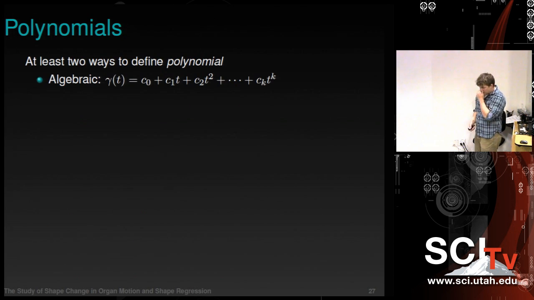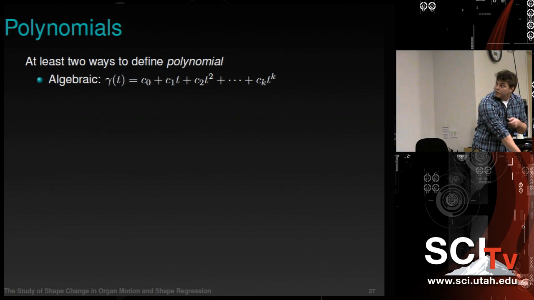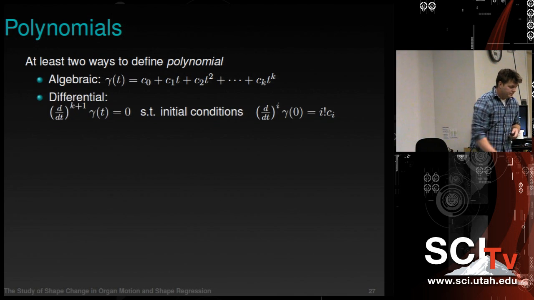So, as I said, we don't have a default definition of a polynomial yet. So this is the one thing that we had to come up with first. A polynomial, you might think of its algebraic definition. This is the most common form of polynomial, just a sum of powers of the independent variable. And then you've got all the coefficients, c_i, as I mentioned, and that determines the full polynomial.